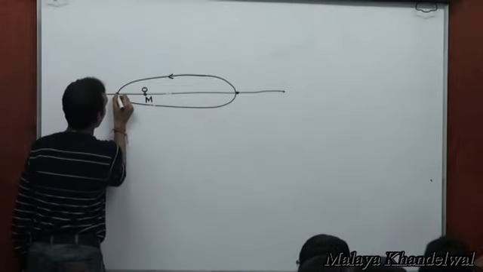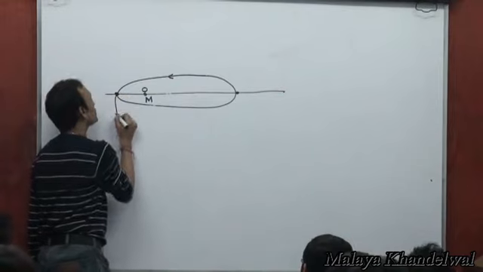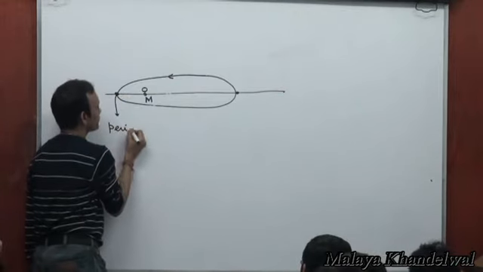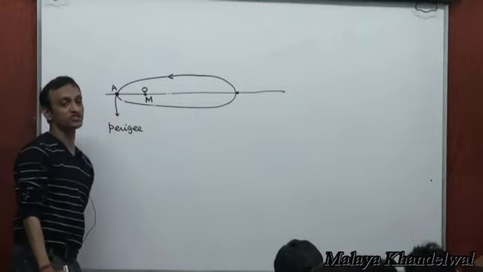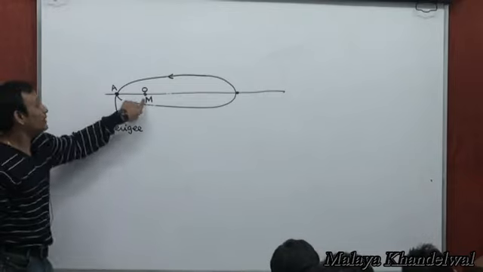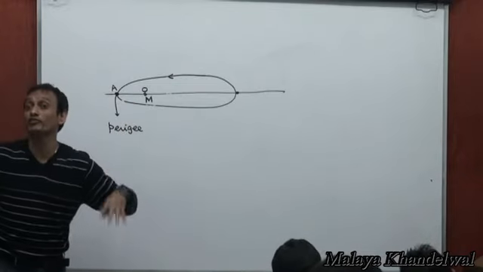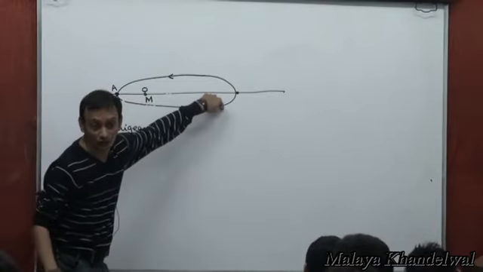Then this point A, which is closest to the gravitating mass, is called the perigee, where this M is placed at one of the foci. This point M would be one of the foci of the ellipse.